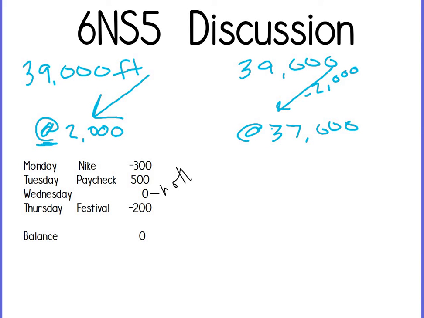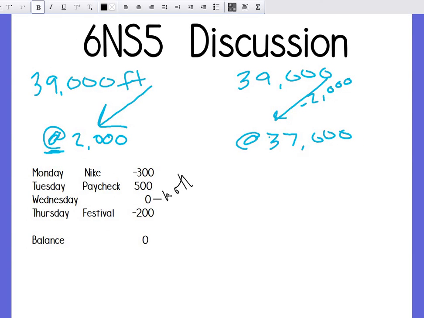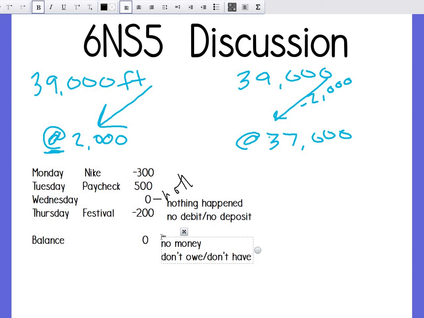Actually, I'm going to type that because my pen is a little rough. So this 0 is telling me nothing happened, so no debit and no deposit. But down here, this means I have no money. So I don't owe, but I also don't have any money.